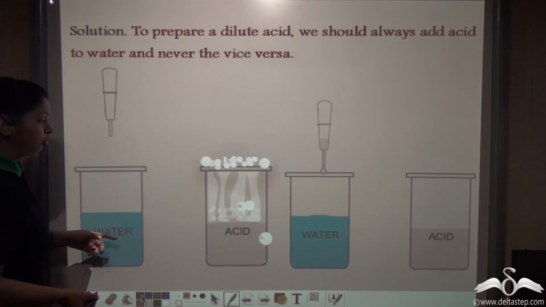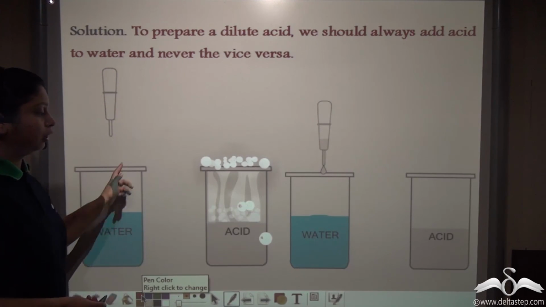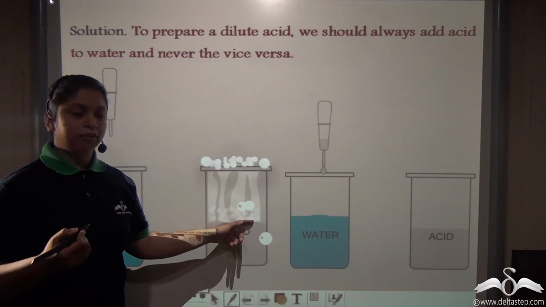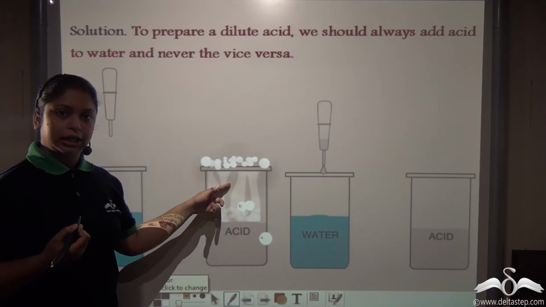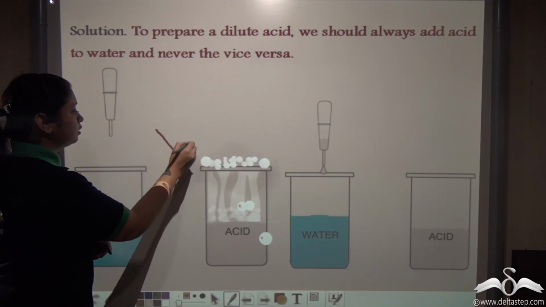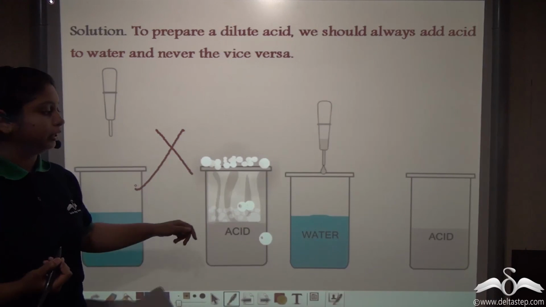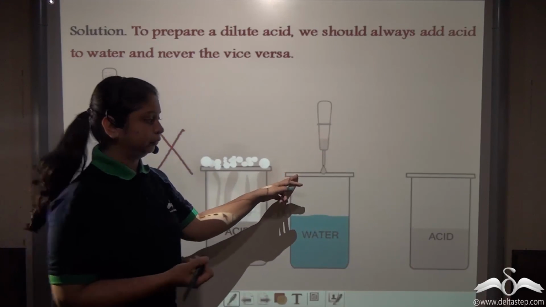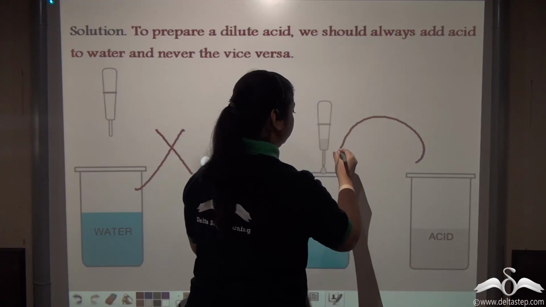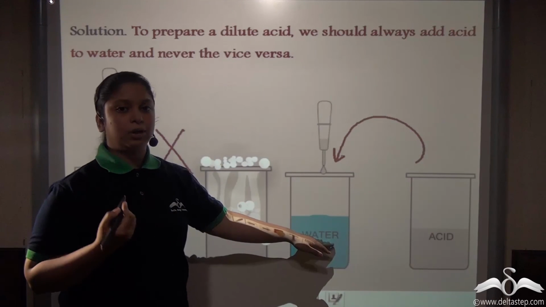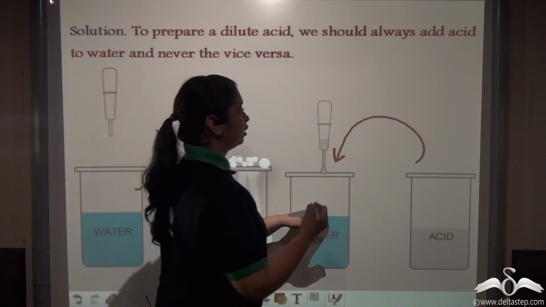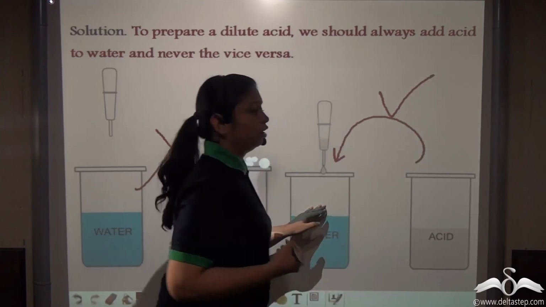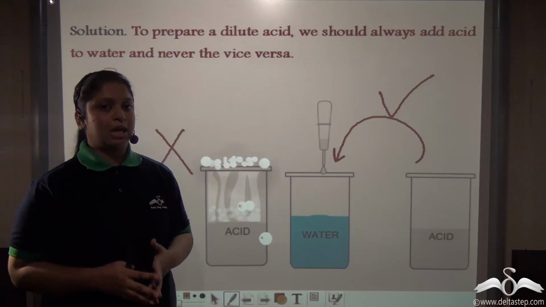So you should never add water to acid since it will release a lot of heat and cause an explosion. So this is a wrong method. You should never do this. And adding acid to water will give you a dilute acid solution. So this is the correct method of preparing a dilute acid solution.